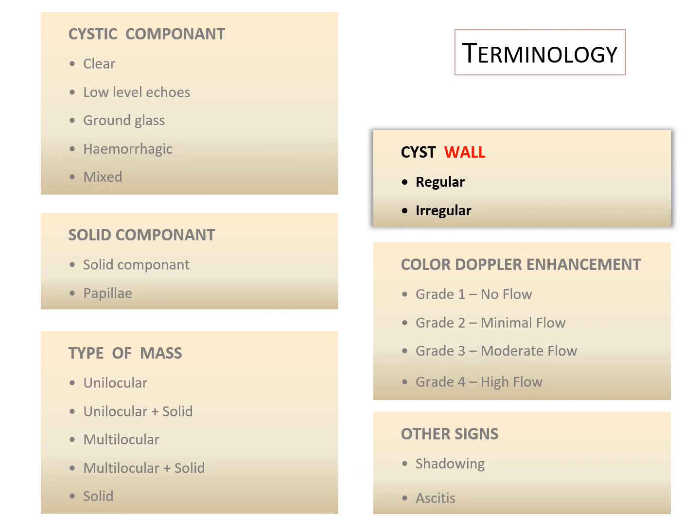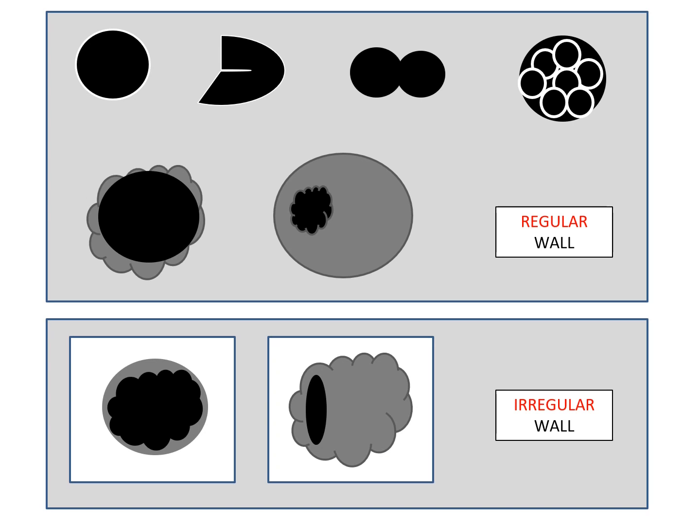The next is the cyst wall, and the cyst wall can be described either as regular or as irregular. For cystic lesions, it is the inner wall that is important. Irrespective of the shape and number of cysts, any cyst wherein the inner wall is regular would be called a regular cyst. For a solid tumor, it is the outer wall which is important.